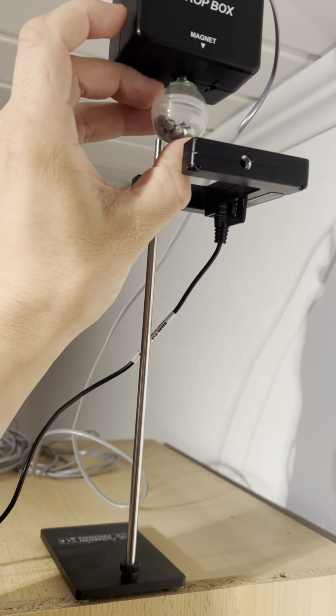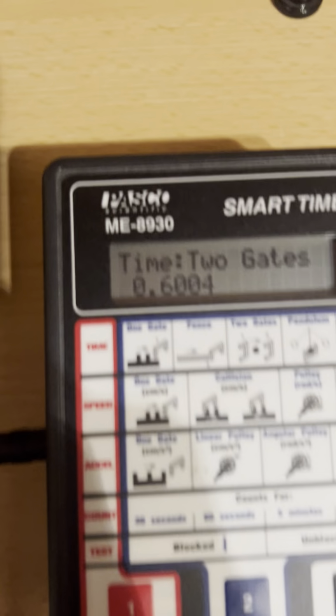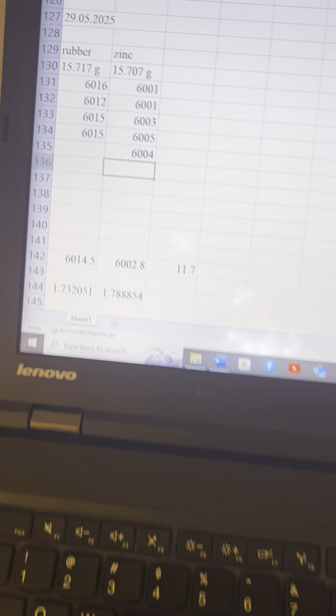6005. 6004. Well, 11 microseconds, that's a bit too much.